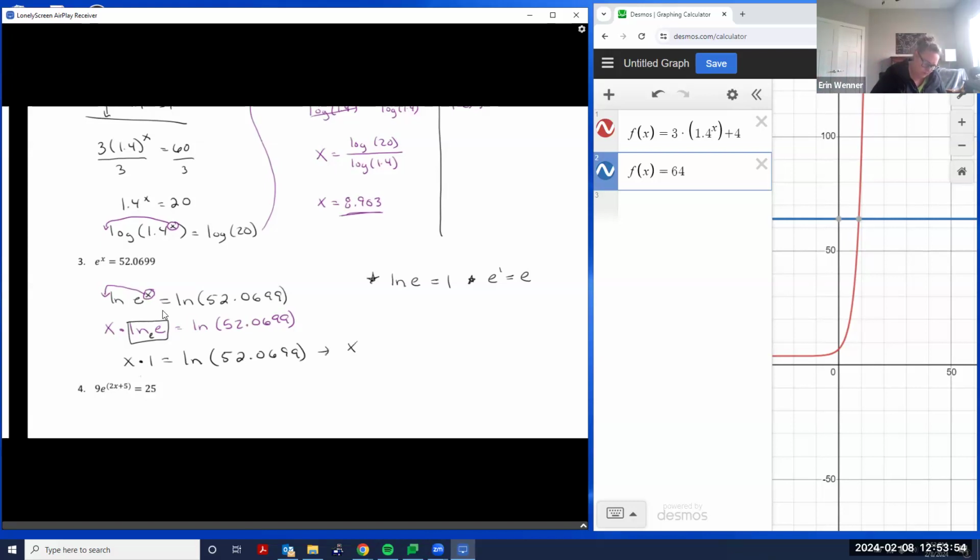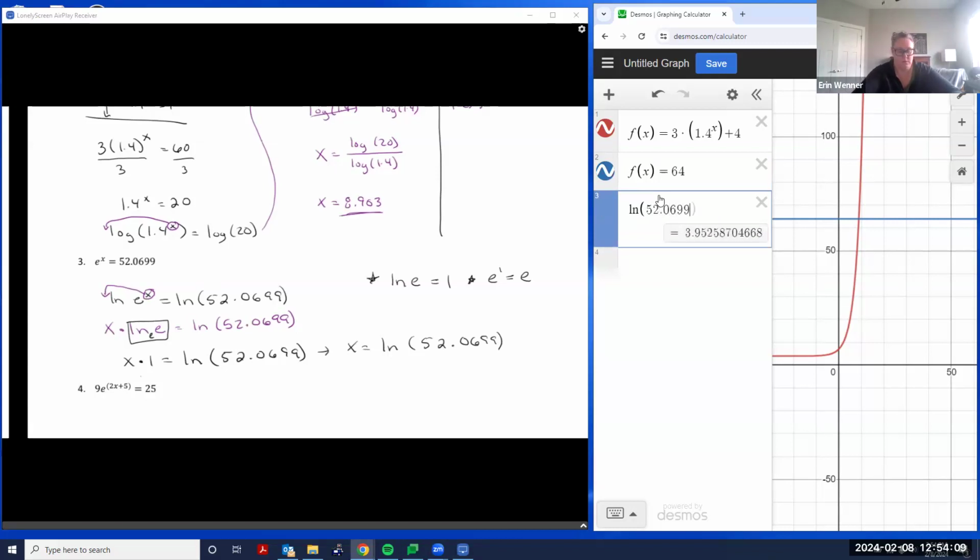So we get x is equal to the natural log of 52.0699, which, when we come over to decimals, we get, that is our answer. And you can round these to 3 decimal places, whatever you want. Just go more than 1 is all I ask. On the exam, I'll specify how many decimal places I want you to take it to.